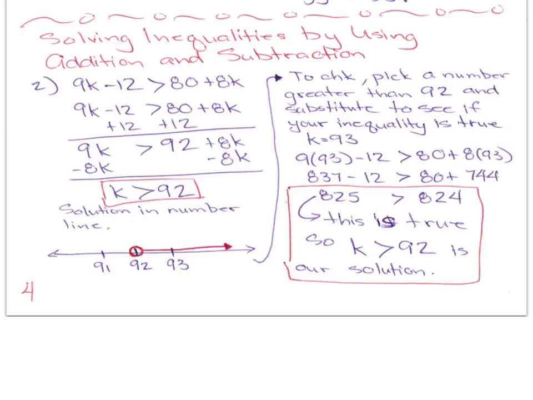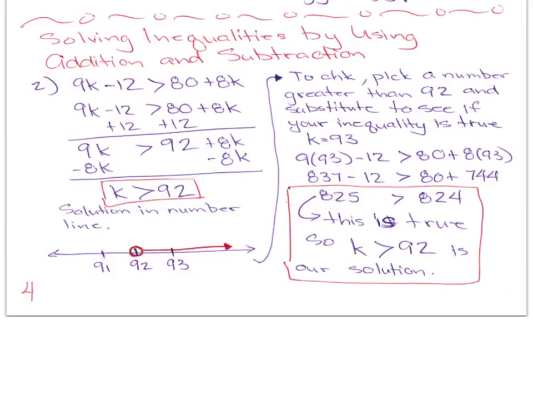Now to check your work, the same thing as what we did with equations. Now with inequalities, you're going to have to pick a number that is greater than 92. So in this case, I just picked 93. If you substitute that number that is greater than 92 in your original inequality, right there, when you do your calculations, your inequality needs to be true.